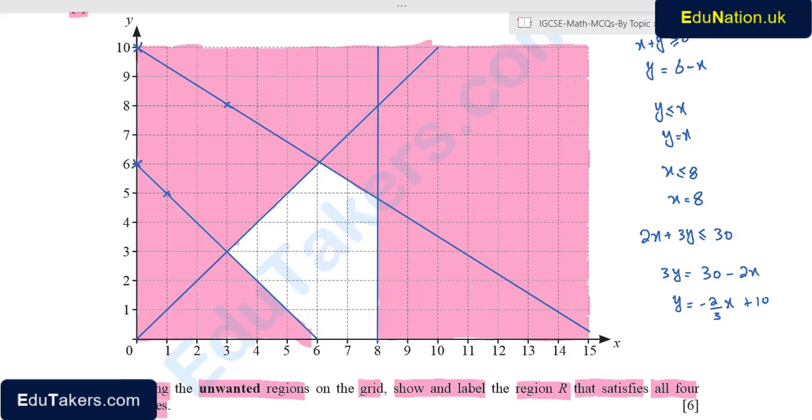So show and label the region R that satisfies all 4 inequalities. This is the region R.